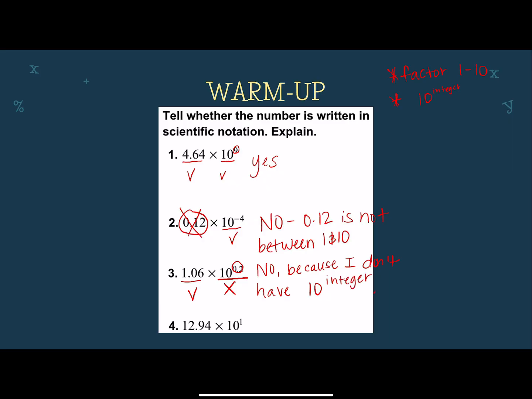Okay, and then number 4, I do have 10 to an integer power, not a fraction or a decimal, but this factor here is bigger than 10, so this is also no, and that's because 12.94 is not between 1 and 10.